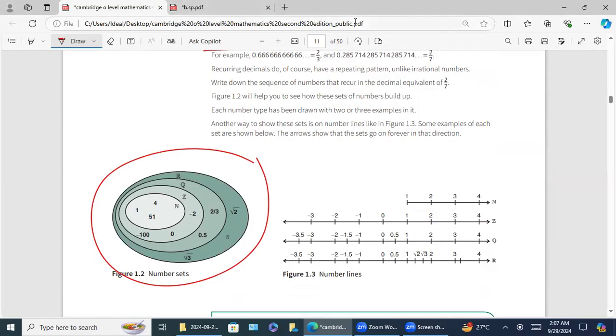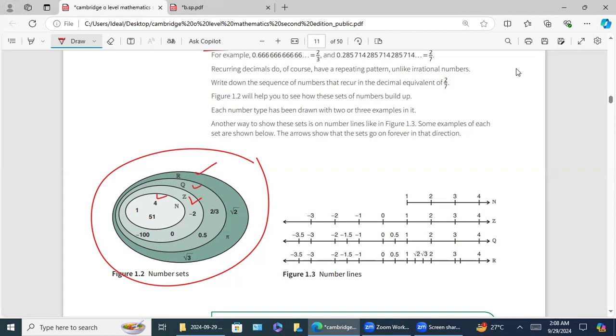We can explain that the natural numbers are a subset of the integers, and the integers are a subset of the rational numbers, and the rational numbers are a subset of the real numbers.